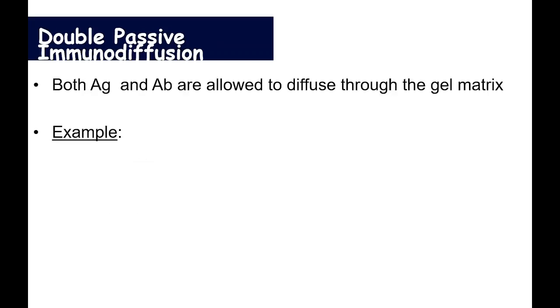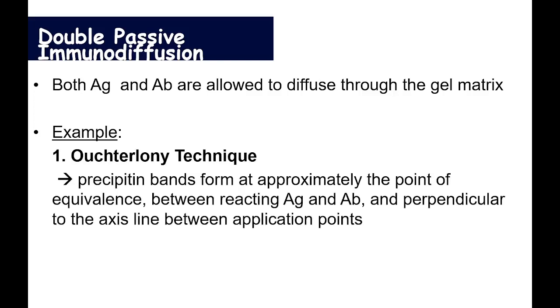Next is the double passive immunodiffusion. When you say double passive, it means both antigens and antibodies are allowed to diffuse through the neutral gel matrix. A common example of a double passive immunodiffusion is the Ouchterlony technique. In the Ouchterlony technique, there is a formation of precipitin bands at approximately the point of equivalence between reacting antigens and antibodies, and these precipitin bands are perpendicular to the axis line between application points.